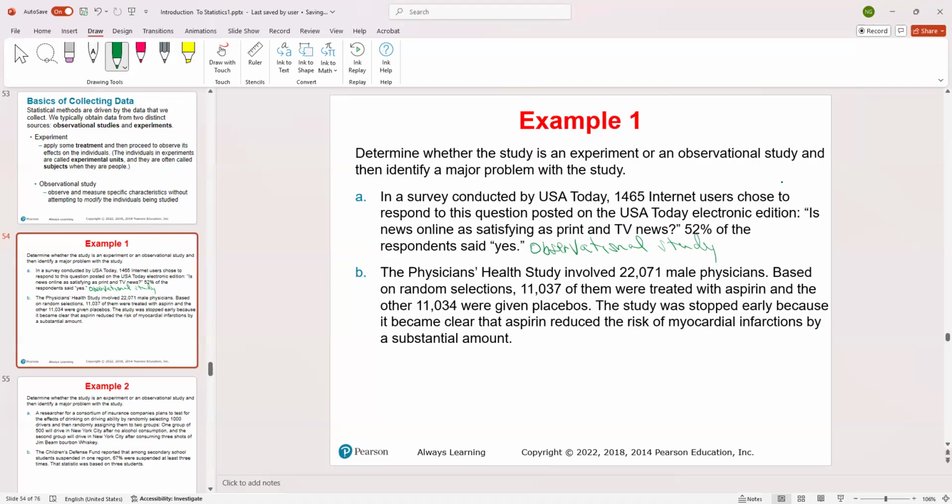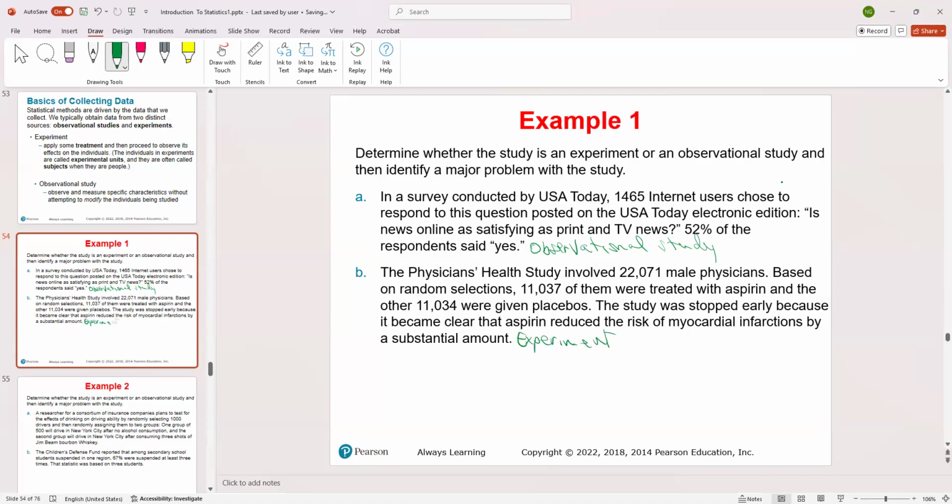The study was stopped early because it became clear that aspirin reduced the risk of myocardial infarctions by a substantial amount. Do you feel this is an observational study or an experiment? Yes, it is an experiment. There is a treatment that is imposed.